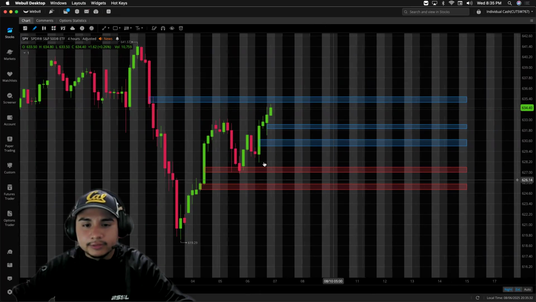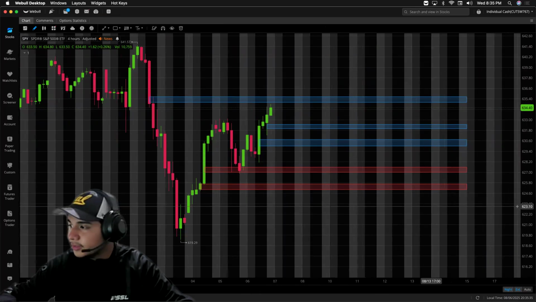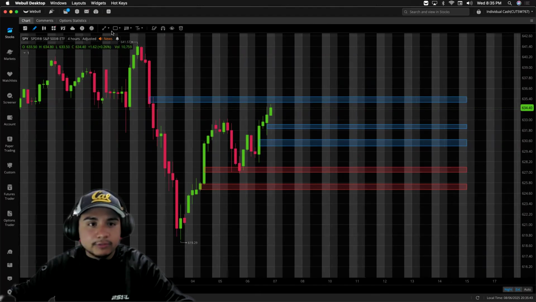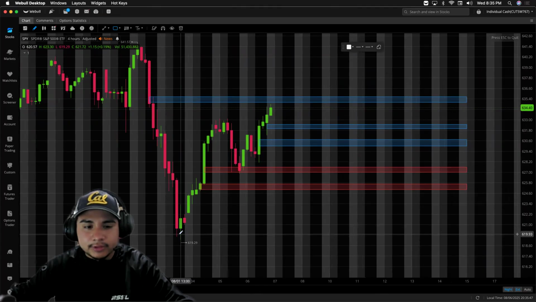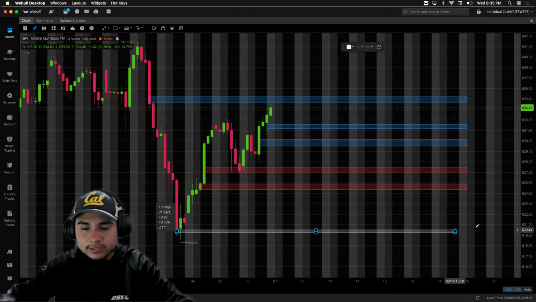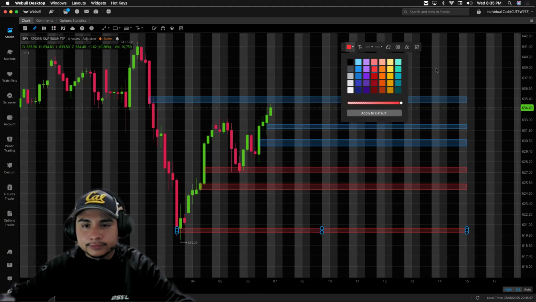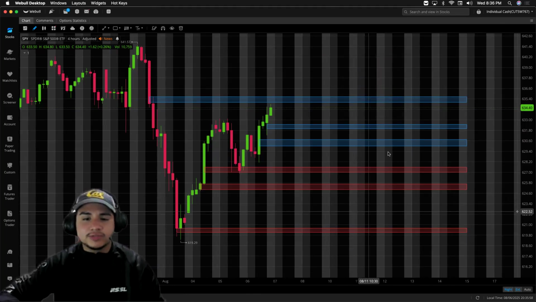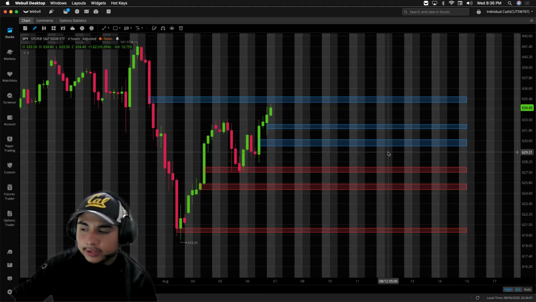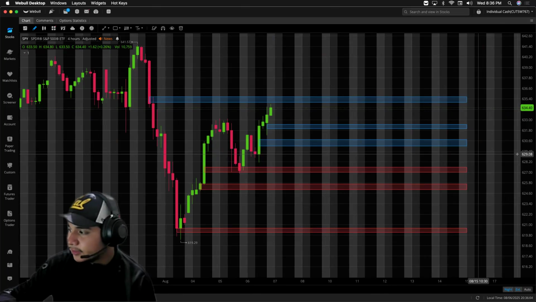So ideally, and the last but not least, 620. Don't think we'll get down to 620, but ideally, just want to mark it out. Just have this area present on my chart. These are all possible areas that we can begin to approach.